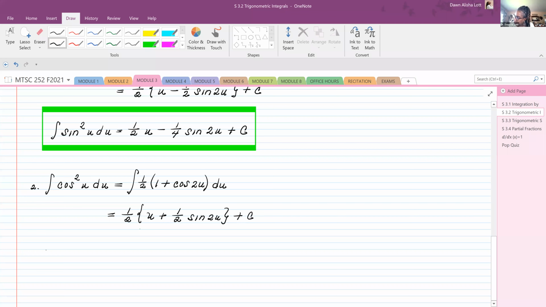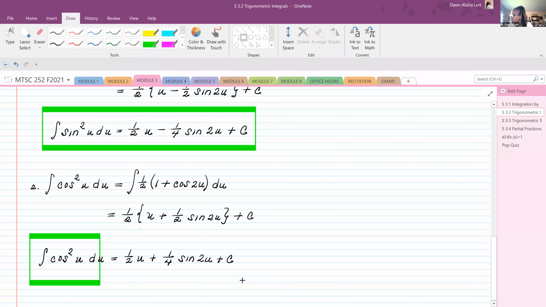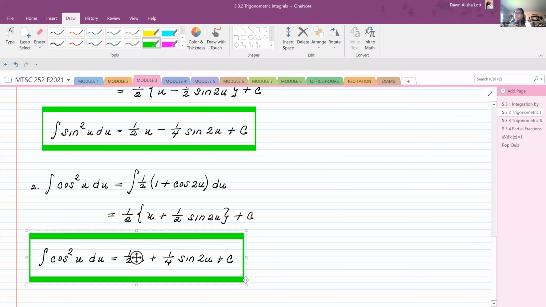So therefore, the integral of the cosine squared of u du is 1/2 u plus 1/4 the sine of 2u plus a constant. And that is the beginning of this next section. We will pick up here tomorrow.